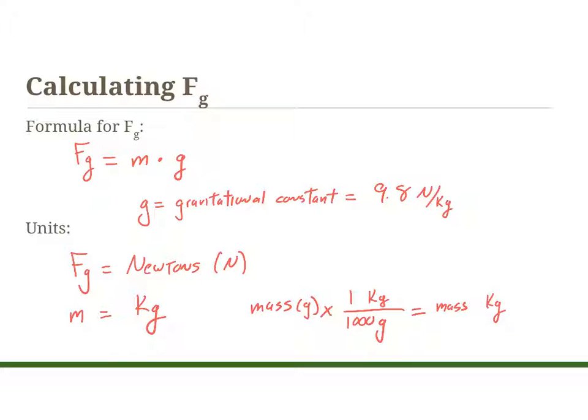An example of that might be something like 37 grams times 1 kilogram over 1,000 grams would equal 0.037 kilograms. Sometimes we would put this over 1. That might make you feel a little bit better about yourself, but that's how we convert from grams to kilograms.